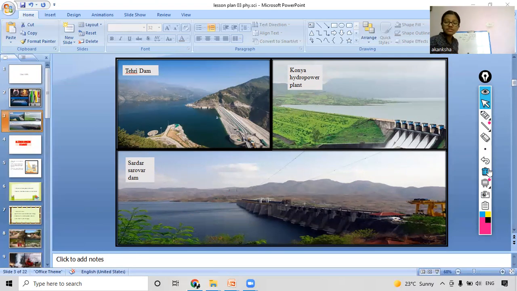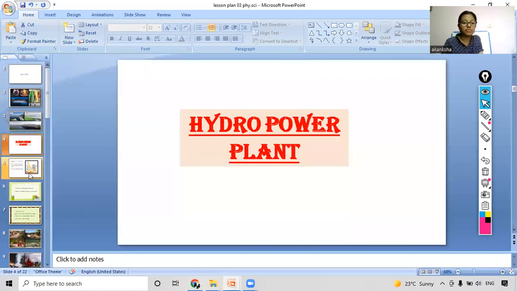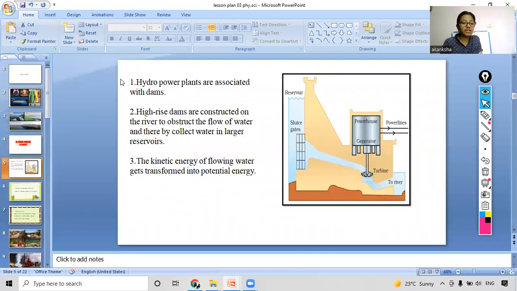And these dams play a very major role in these hydropower plants for generating electricity. Now we will see the whole process of how these hydropower plants generate electricity, right? So our topic for now is the hydropower plant.